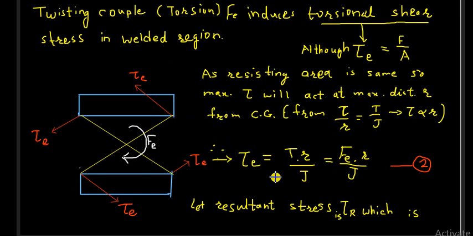So now, from this torsion equation we will get that tau is directly proportional to r. That means wherever this distance r will be maximum, there will be a maximum tau. And here tau is the torsional shear stress, and in the previous case it was the direct shear stress, and the resultant will again be a shear stress, because both these stresses are shear stresses, torsional shear stress as well as the direct shear stress.